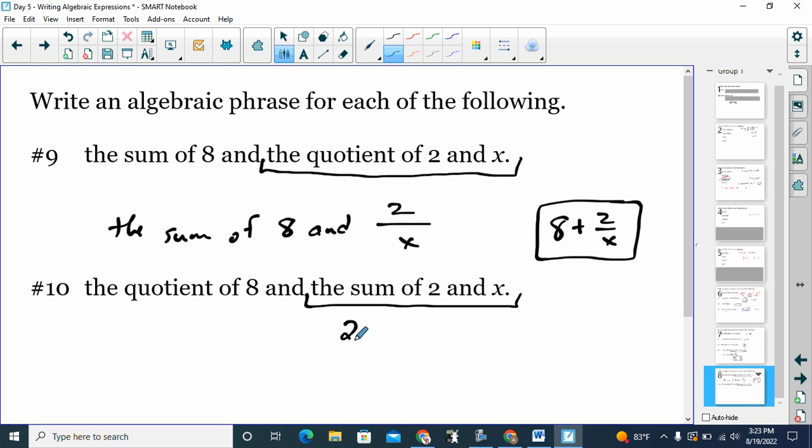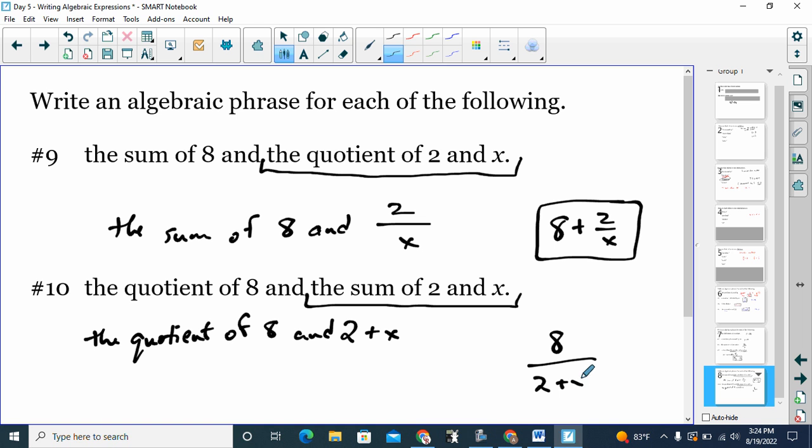The sum of 2 and x would be 2 plus x. And I'm going to rewrite the phrase, the quotient of 8 and 2 plus x. Quotient tells us to divide, exactly in the order that's given. So I'm dividing 8 by 2 plus x. 8 divided by 2 plus x.